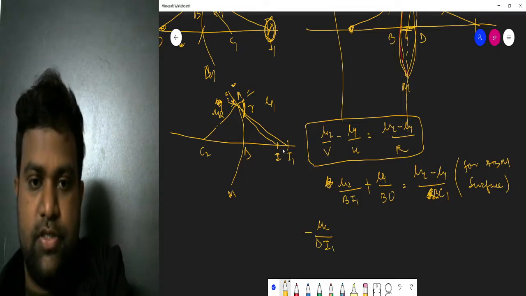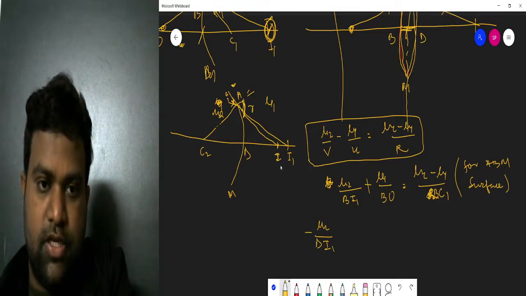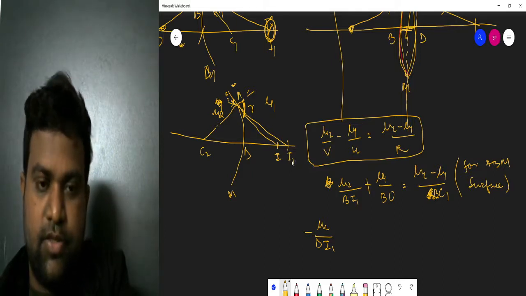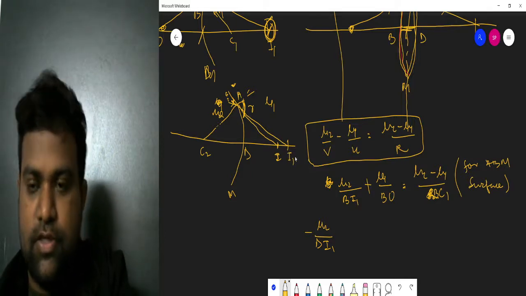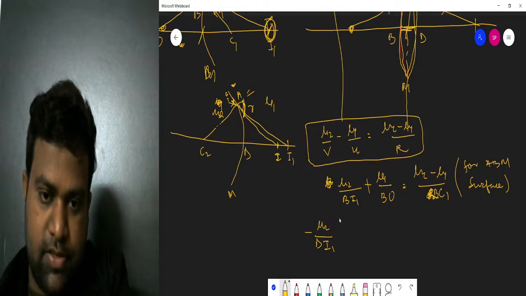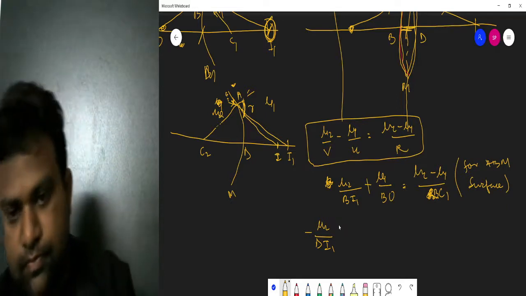Because generally the object is on the left side along the incident ray. So here DI1 is a virtual image. Okay, the image of the first one is used for the second one, so we'll use it in the opposite direction. We'll use it as minus DI1.